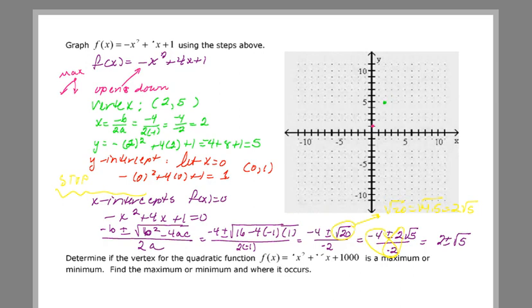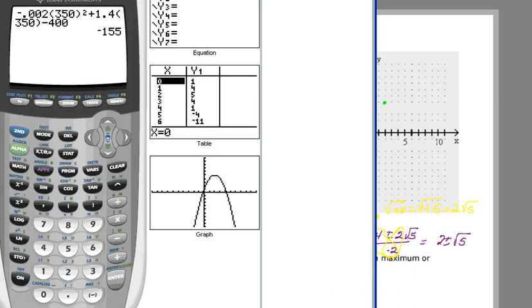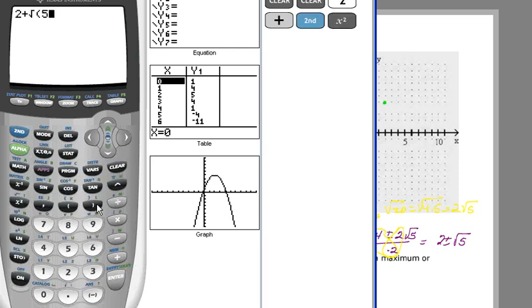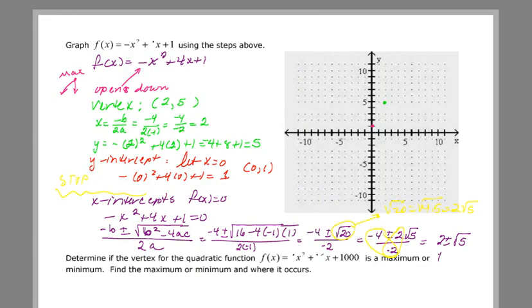Now we need to find out what those values are so we'll know where to place them on the graph. So pull out your calculator and let's do 2 plus the square root of 5, which will give me 4.23.